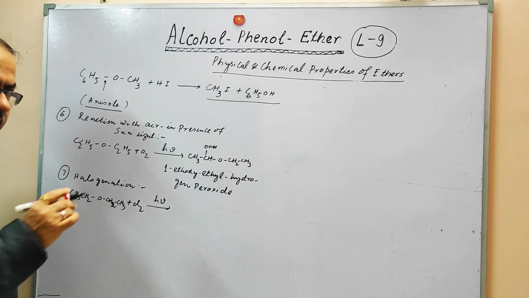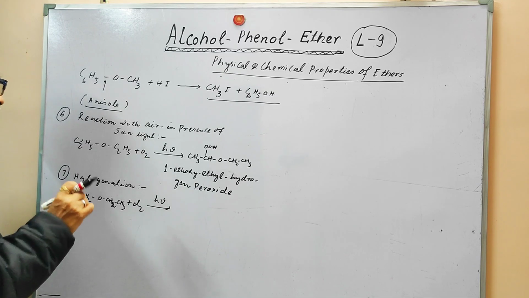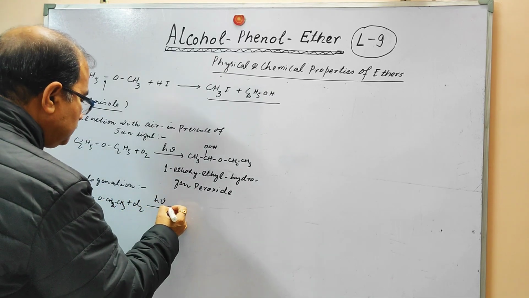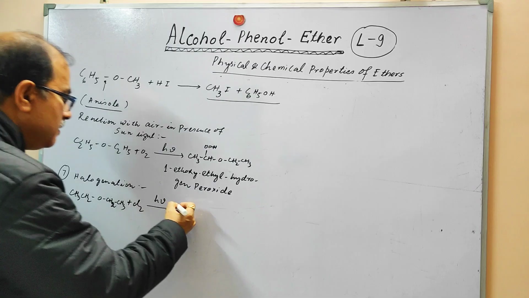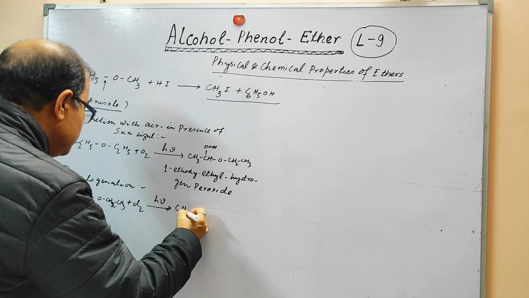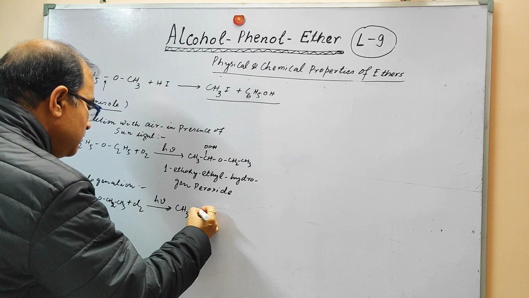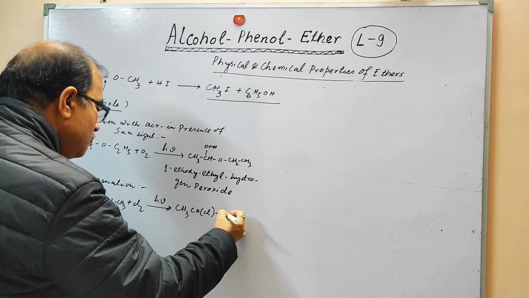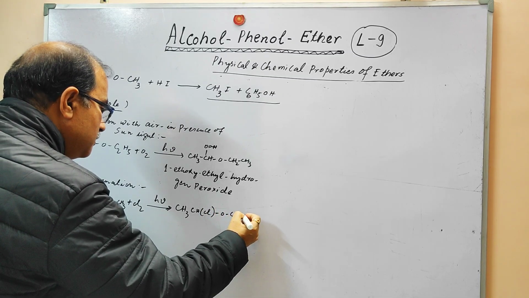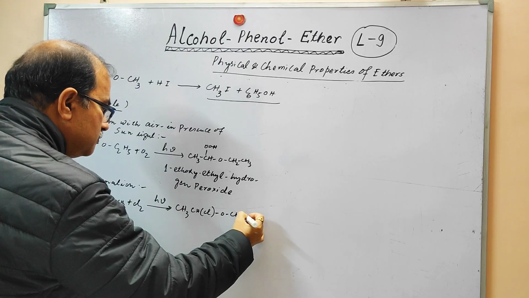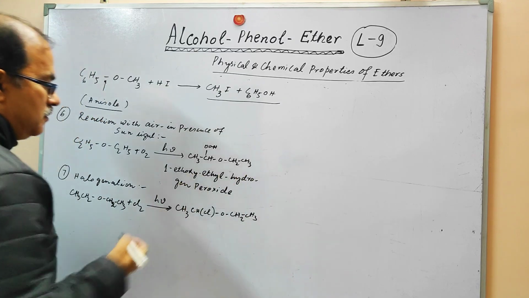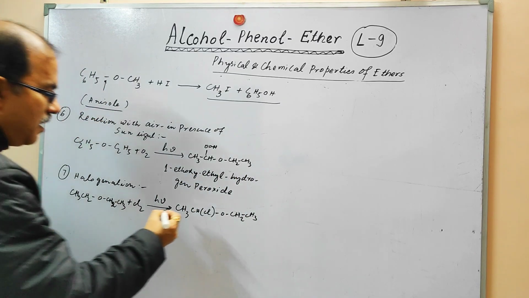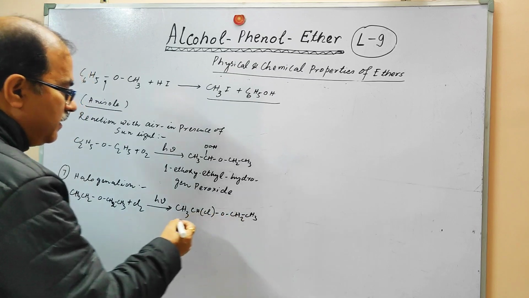Here the first alpha hydrogen will be replaced by chlorine. So it will first produce CH3CHCl-O-CH2CH3. This is alpha-chlorodiethyl ether.